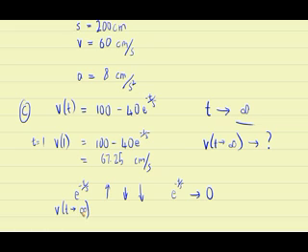We're not plugging in infinity for t, because we're looking at as t approaches infinity. I think that's a cleaner way of doing it. v as t approaches infinity is equal to 100, because this part approaches 0. So v is 100 centimeters per second as t approaches infinity.